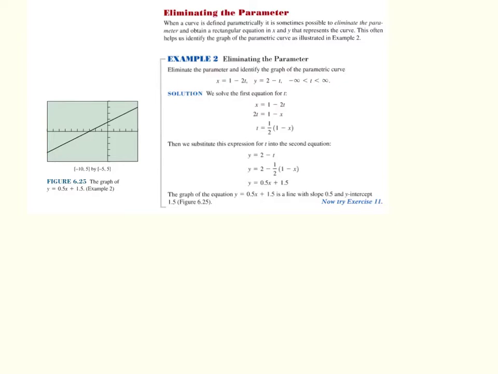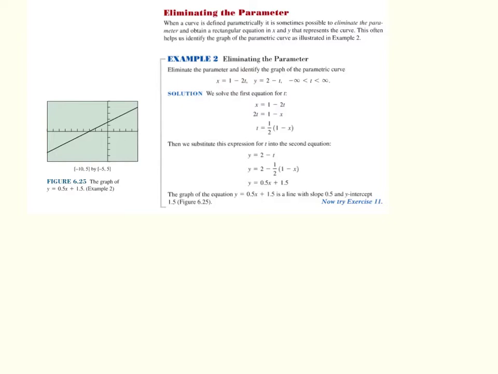If you notice, all we really did here is take the first equation and solve it for t. We decided to make the -2t positive, so we added 2t to both sides and subtracted x.